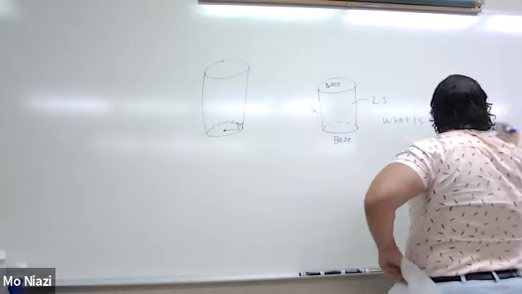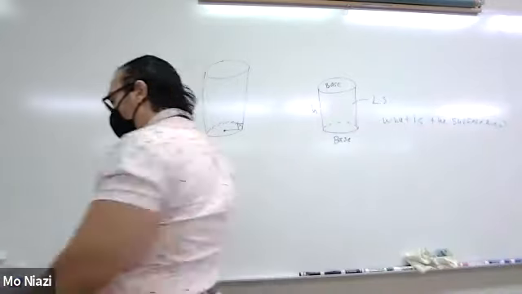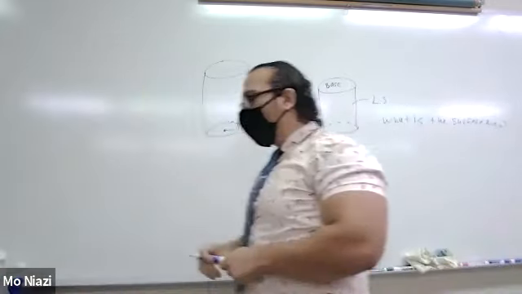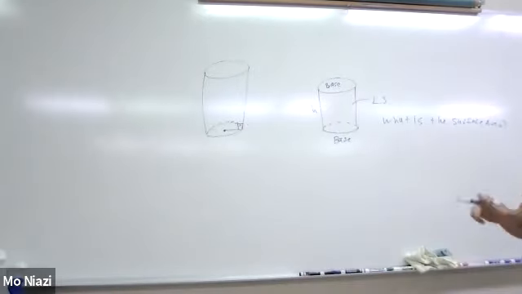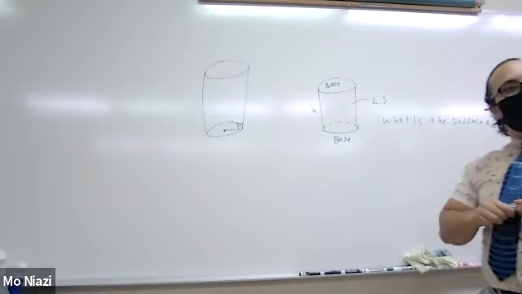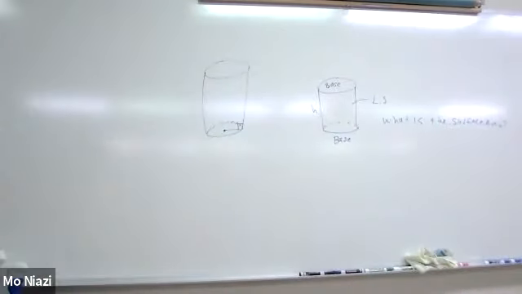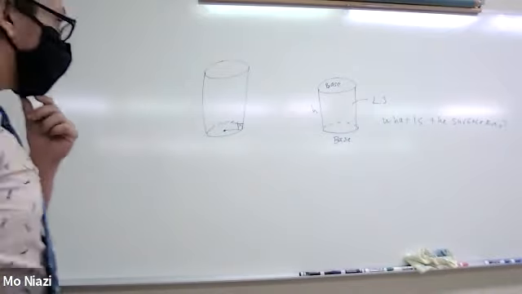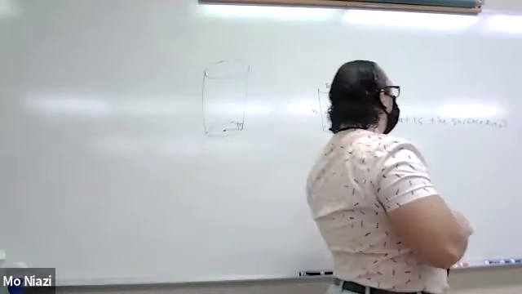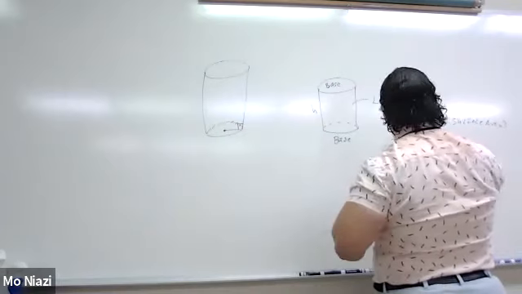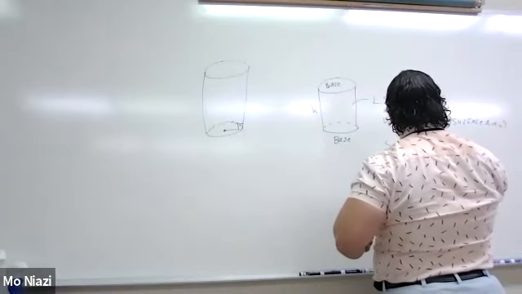Okay. Who here could explain to me what the surface area of a cylinder is and how you came up with that? So you're saying surface area is equal to what?